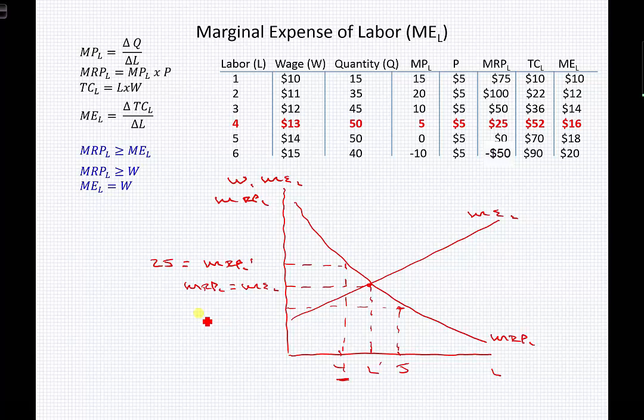So down here we're at 16, and we'll call 16 equal to marginal expense of labor. But in this case, because of what we actually have to pay the worker, we're only paying them 13. So now marginal expense of labor does not equal the wage. Marginal expense of labor is greater than the wage, or the wage is less than marginal expense of labor. Both of them are less than marginal revenue product of labor. So in this case, this firm is profiting yet more because of that monopsony relationship that I referenced.